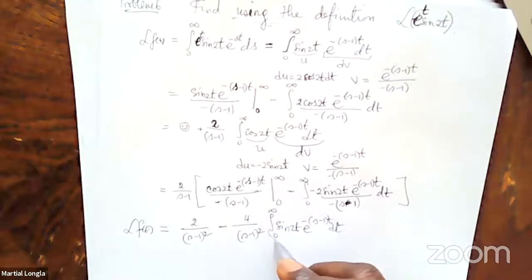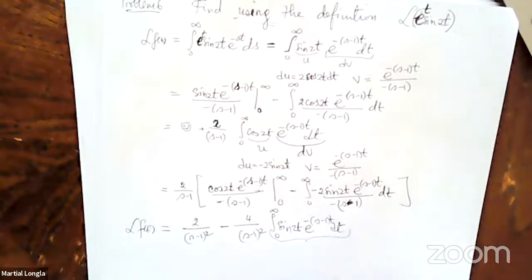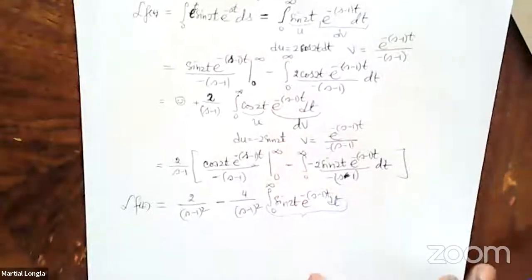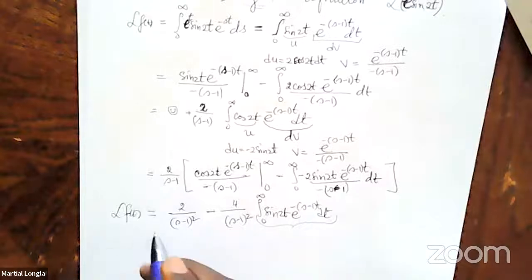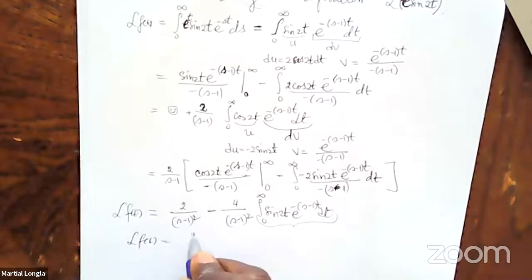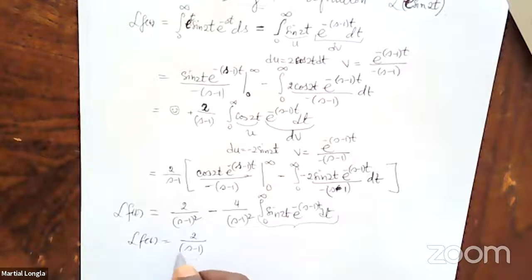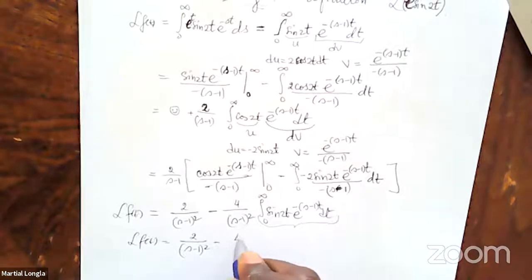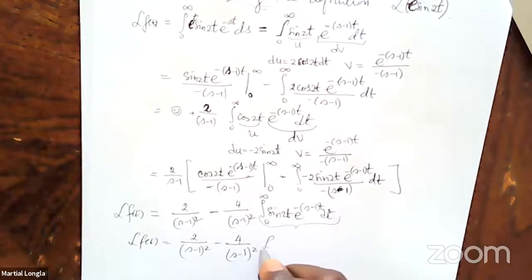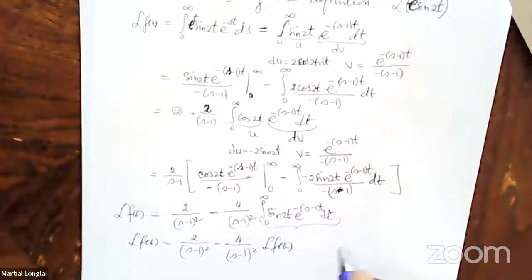And this is exactly what we started with. So that's again the Laplace transform of f of t equals 2 over s minus 1 squared minus 4 over s minus 1 squared times the Laplace transform of f of t.